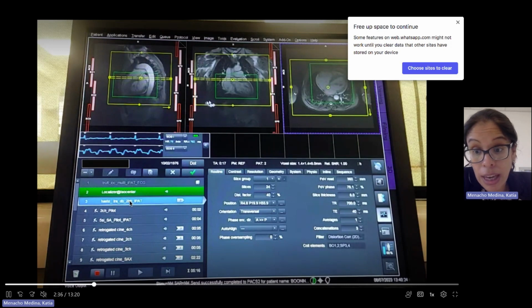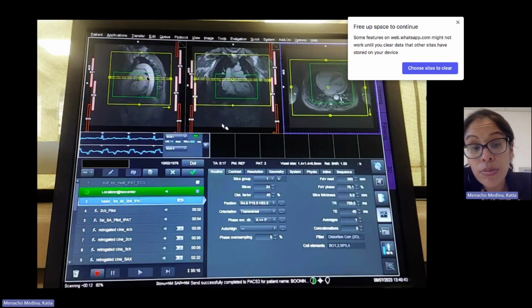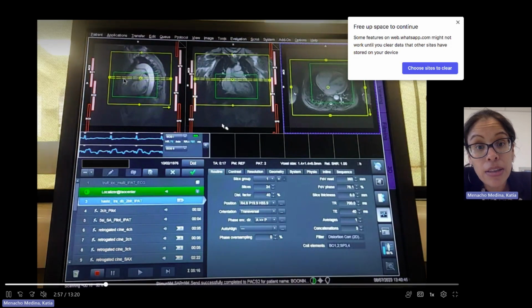After that, we are planning the second sequence. In this case, it can be HASTE or it can be bright blood spin echo, axial stack. We aim to cover all the thorax, and of course having the heart in the middle, and we are doing the shimming now, trying to put the heart in the middle and trying to avoid artifacts around it, in all the positions in sagittal, coronal, and axial.